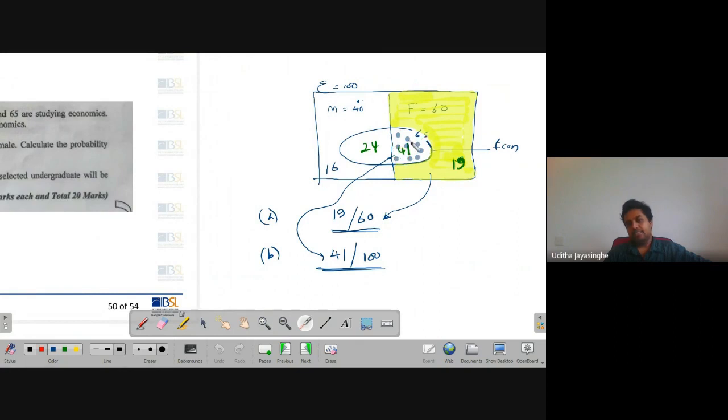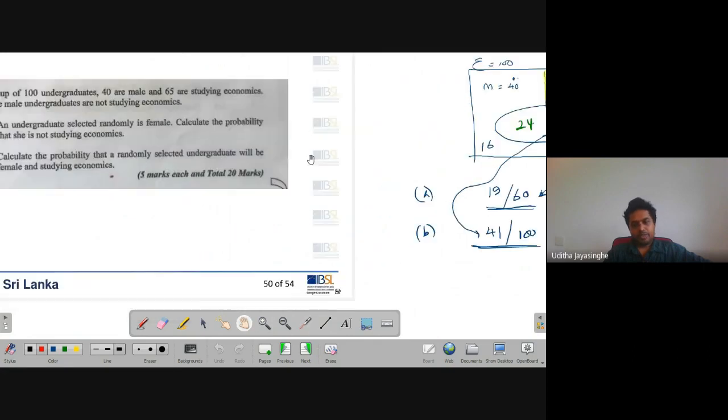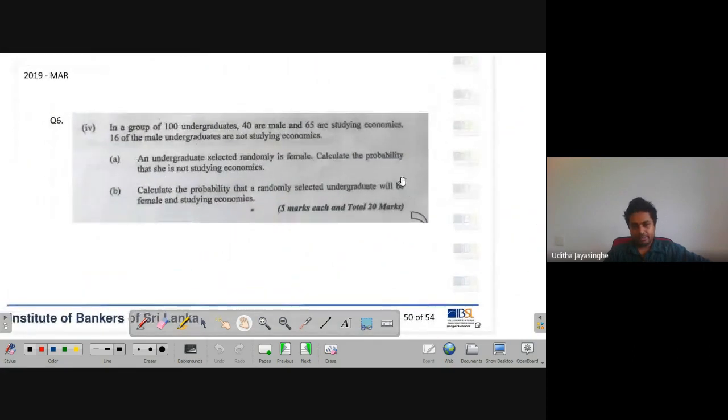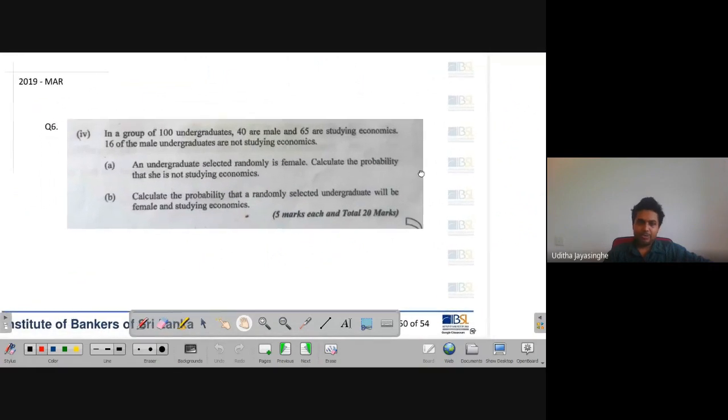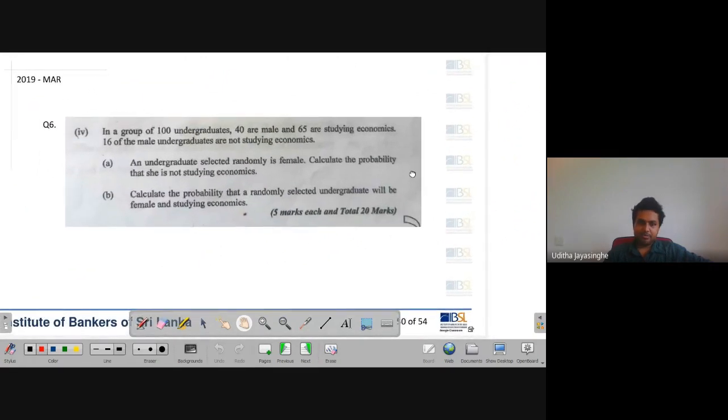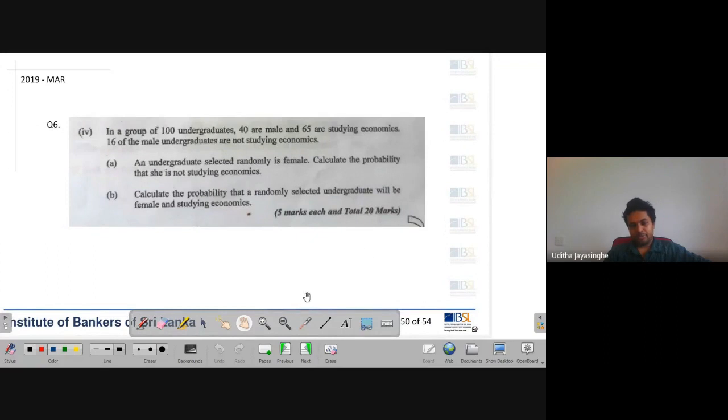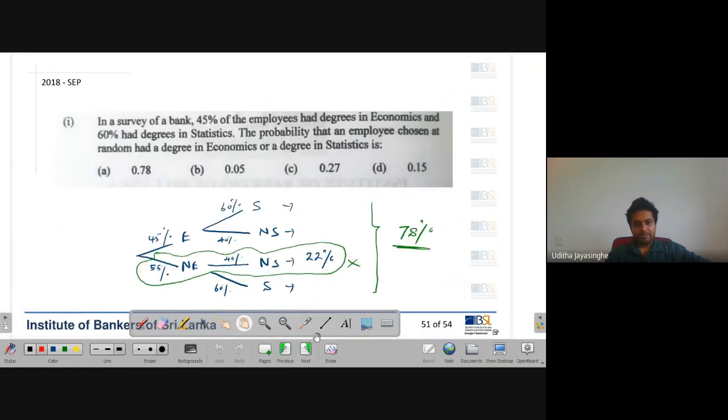Focusing on this area, this is going to be 41 divided by 100. So different angles: common sense, tree diagrams, or Venn diagrams. Use whichever you think is more comfortable. But the clear explanation should be written in Word for the 5 marks to be attained in full. This question I think we have tried previously.